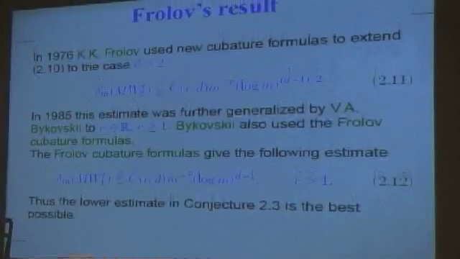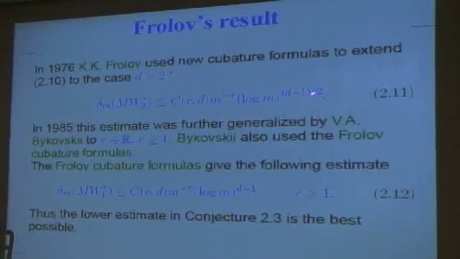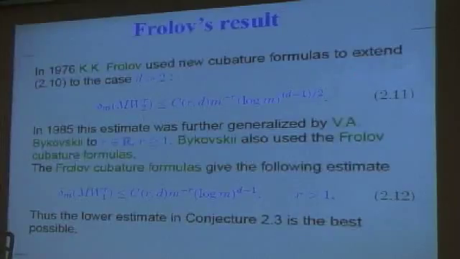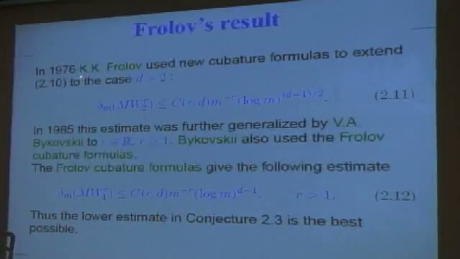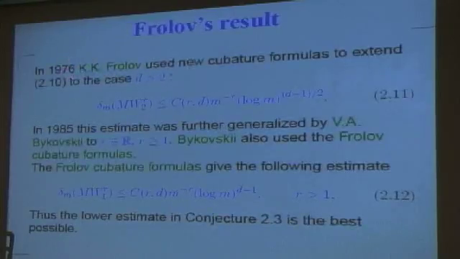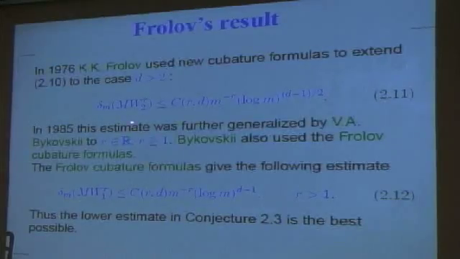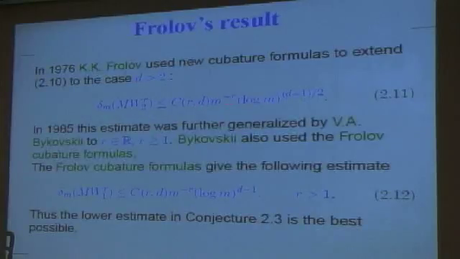And the breakthrough in proving optimal Cubature formulas for these classes was made by Kostya Frolov, in 1976, the first publication in Doklady, and he proved this. But in order to prove this, he invented an absolutely new principle for building these Cubature formulas, based on a number theoretic approach.